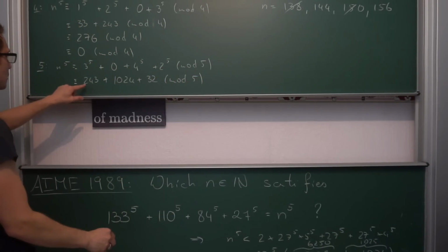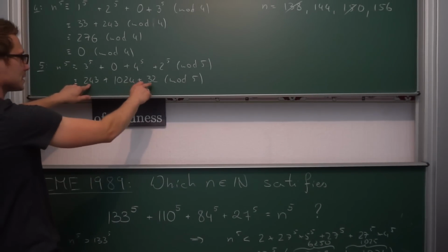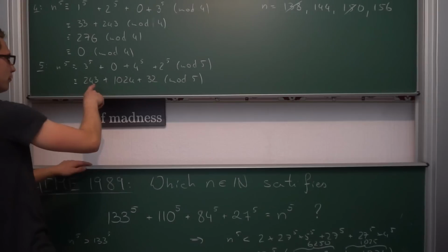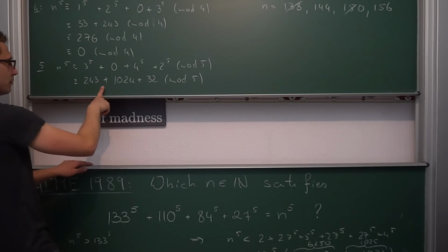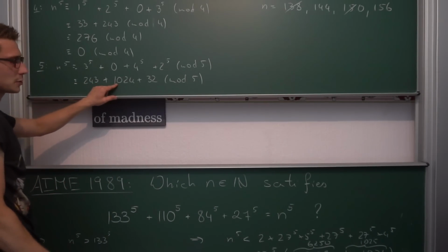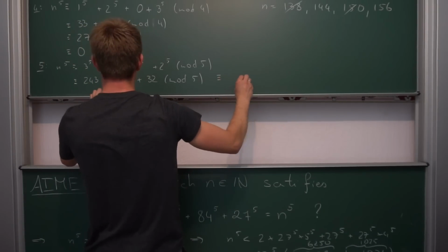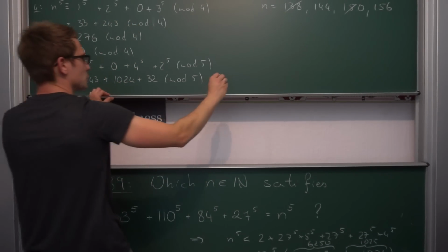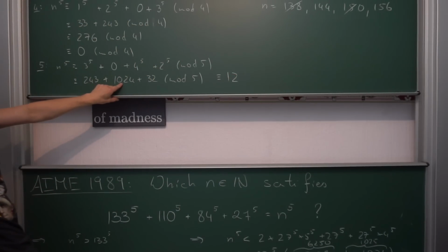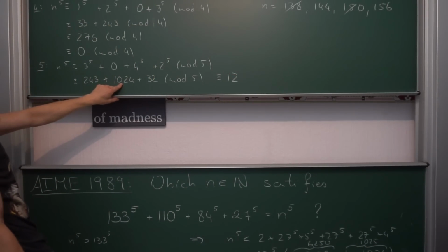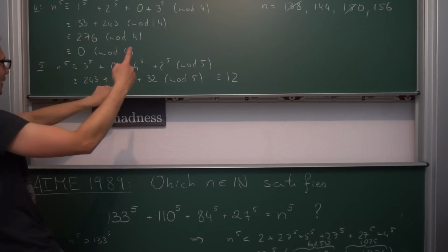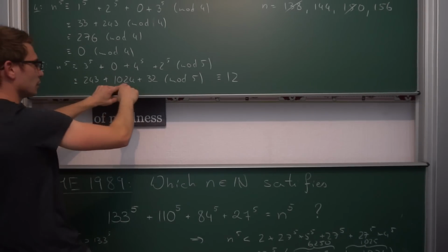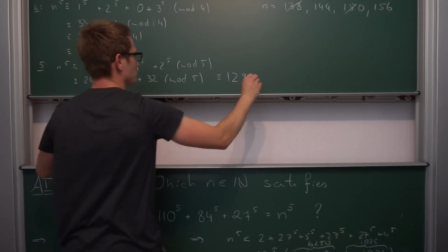Well, 243 plus 32 is going to give us 275, and if we add this to 1024, we are going to get that this is congruent to, let me see for a second, 1299, I'm terribly sorry, so 99, right? Modulo 5.